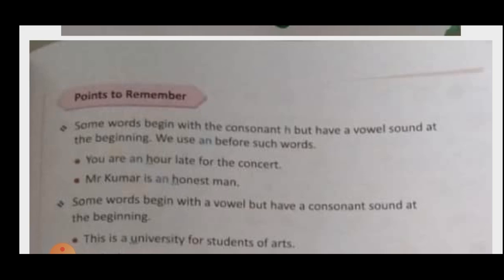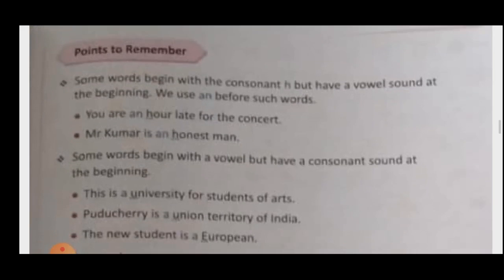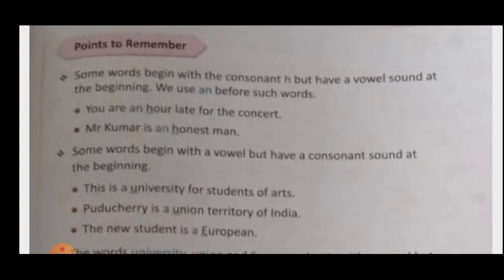Now let us see points to be remembered. Some words begin with a consonant but have a vowel sound. Here the example is given. Some words begin with the consonant H but have the vowel sound of A or O. For that we will use an because we have to consider the sound, not the letter.